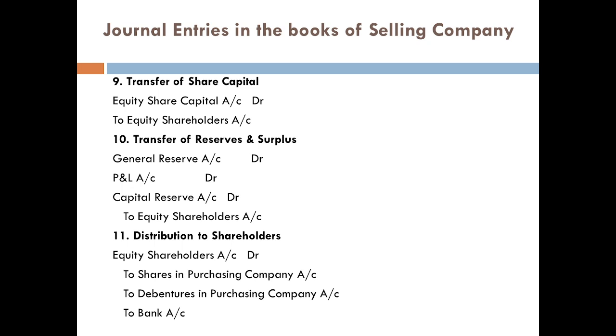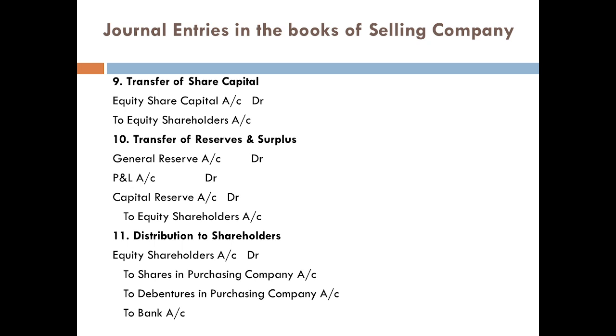It might be any one of these three methods. Number one is shares in the purchasing company, where the entry will be shares in purchasing company account. Debentures in purchasing company, where the entry will be debentures in purchasing company account. And finally by way of cash or bank, where the entry will be bank account.